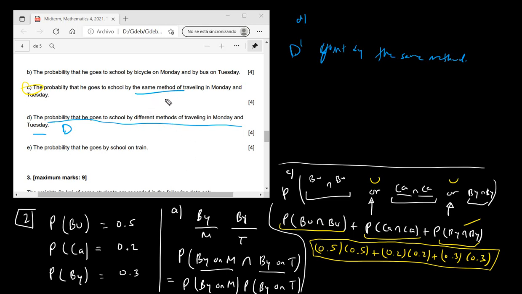This is the previous answer for letter C. Let's suppose that number is 0.5. Then the probability of D prime is 0.5, and therefore, automatically, the probability of D, which is the one that we're after, has to be 0.5, so that the addition of these two gives me 1. You see? That's it.